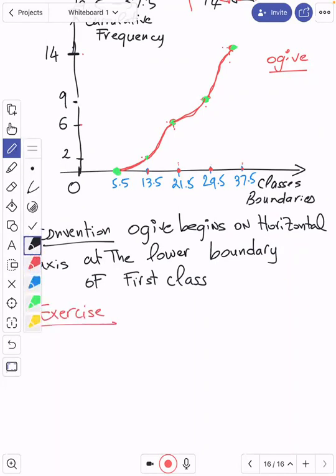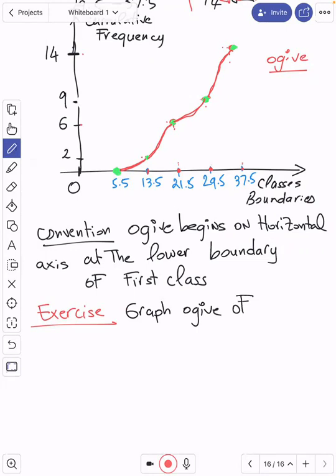Please try to graph the ogive of the car speeds on the highway. Let me just remind you of the class boundaries and then their cumulative frequency.